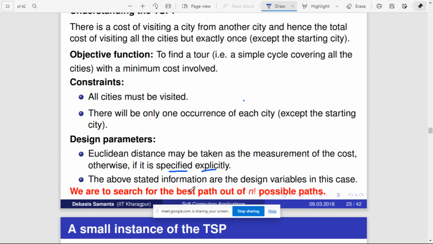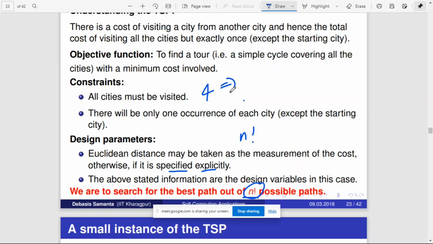So how many possible solutions are available for a traveling salesman problem? The answer is n factorial possible paths are available. Okay, so this many possible paths are available, right? So if a traveling salesman wants to visit 4 cities, then how many possible solutions are available?